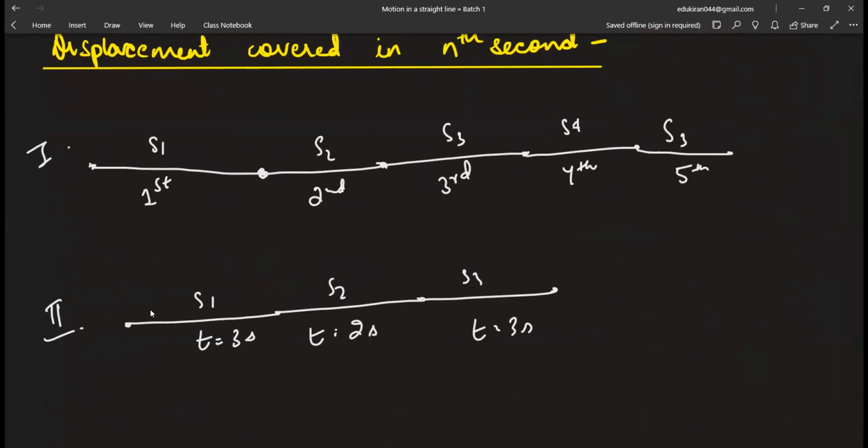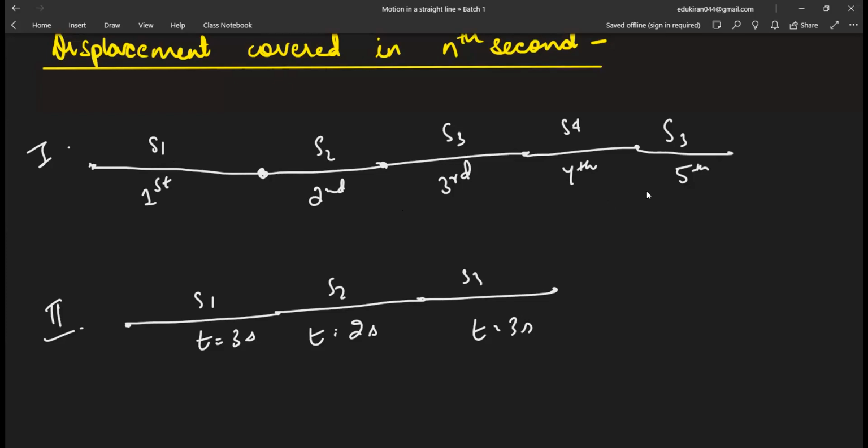When we say t is equal to 3 seconds, it means in this particular gap, 3 seconds have been passed. Then here in this particular gap, 2 seconds have been passed. This is what is meant when we are given the question to write about 2 seconds, 3 seconds like this. Here this says that displacement covered in nth second means first second, second second, third second, fourth second, fifth second.